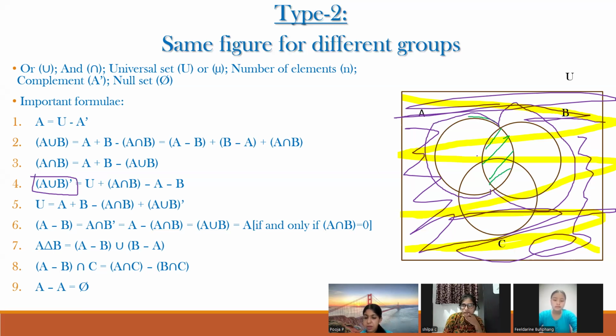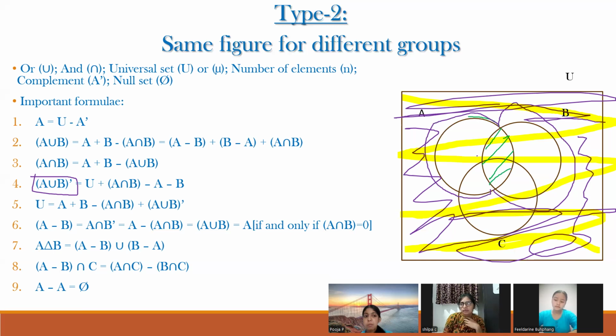Shilpa, are you convinced or are you still doubtful? Ma'am, I'm getting what you're telling. I'm not getting why we should minus A and B. Okay. So what does the yellow line in the picture represent? Universal set. Correct. So in the universal set, you have considered A and B as well.